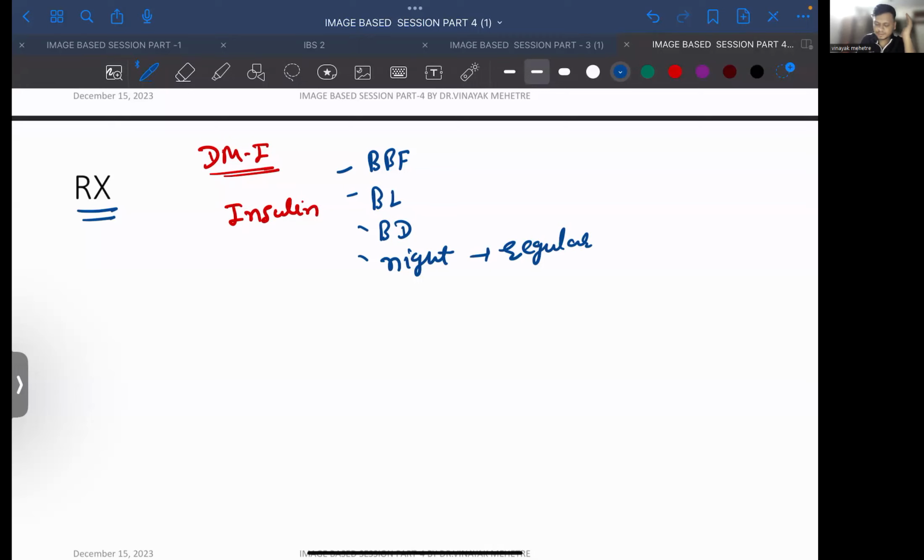Now यहाँ पर कौन सा देंगे हम? We will give ultra short acting. Reason being, patient is going to have food after this, right? So ultra short acting acts fast, so they will control the sugar when patient is having food, right? कौन से होते हैं अल्ट्रा शॉर्ट एक्टिंग?